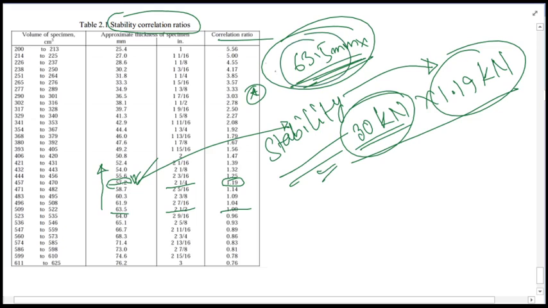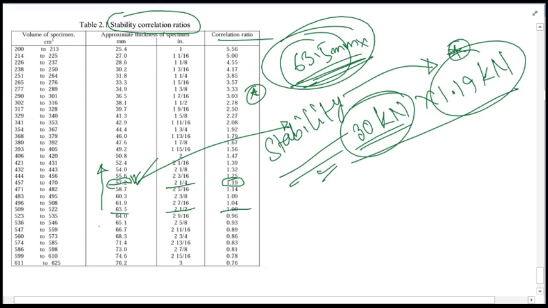If it were 63.5 instead of 57.2, it would exert a greater amount of stability. So that's why we need to multiply it with a value greater than 1.